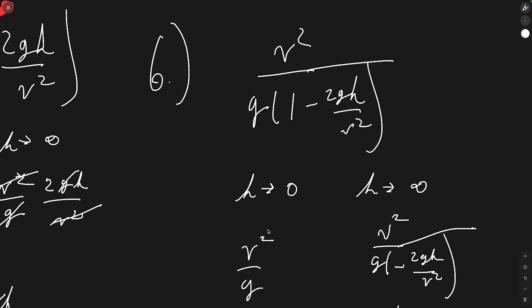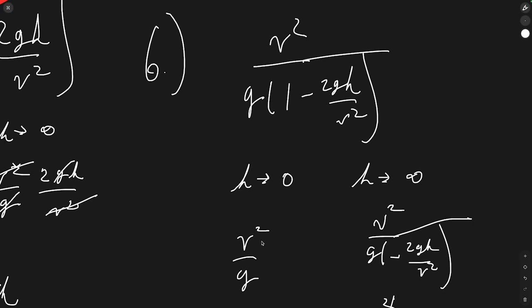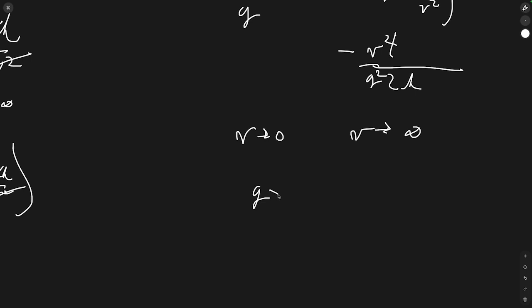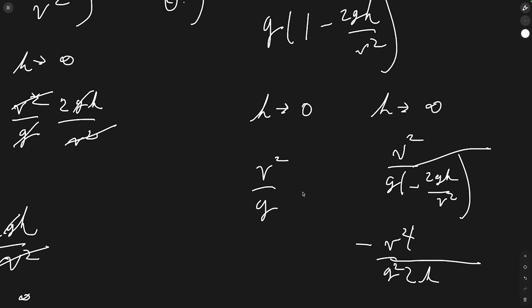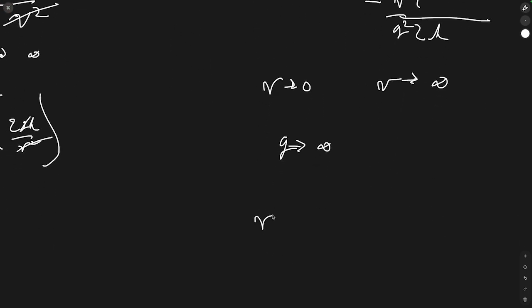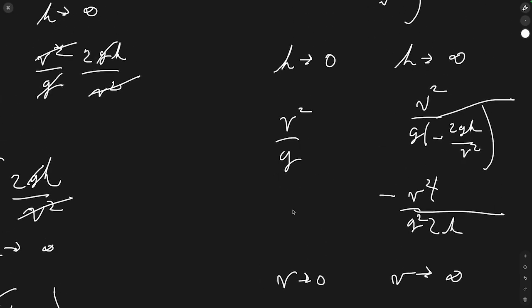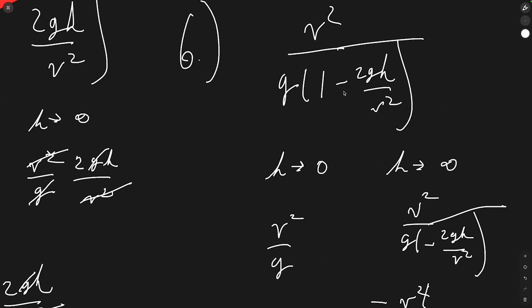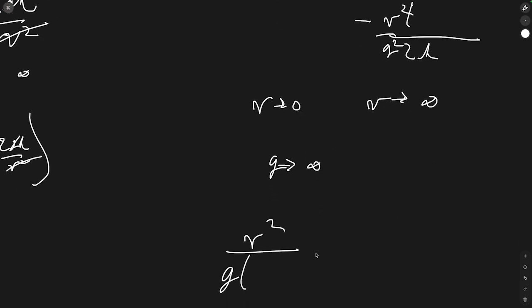What about when g goes to infinity? This term dominates. So we have v squared over g times negative twice gh over v squared.